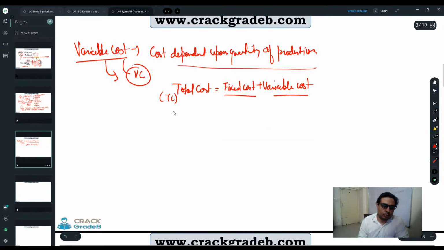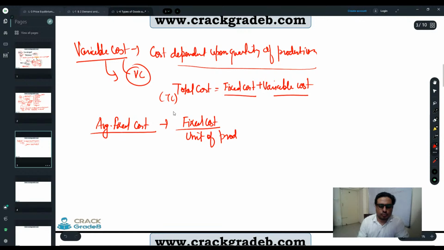Similarly, average fixed cost is fixed cost upon unit of production.